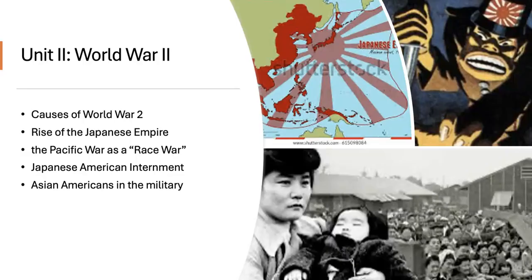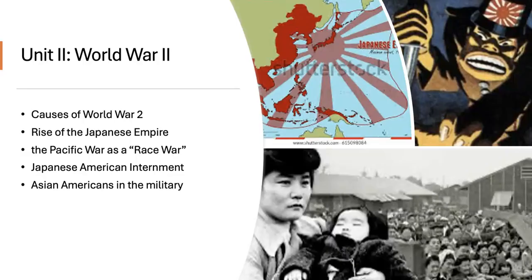So therefore, you have the outbreak of World War II in the Pacific, and this has its very beginnings in the 1930s, but certainly after Pearl Harbor, the attack on Pearl Harbor, you'll see full-scale war in the Pacific between Imperial Japan and the United States.